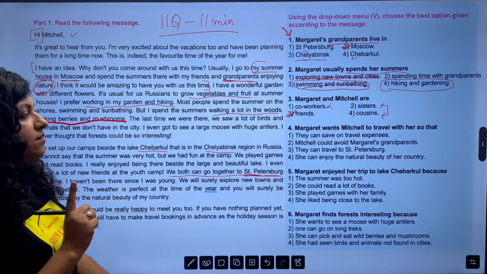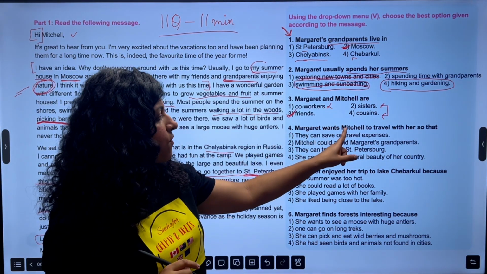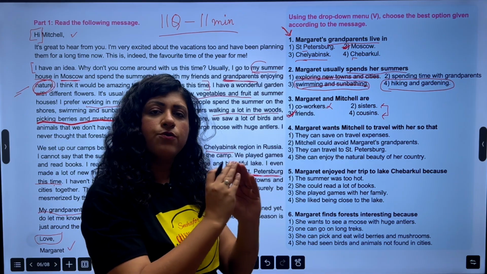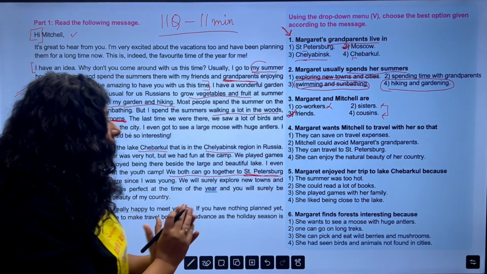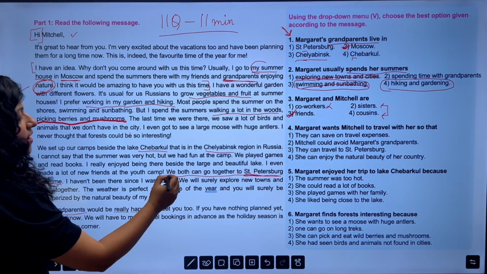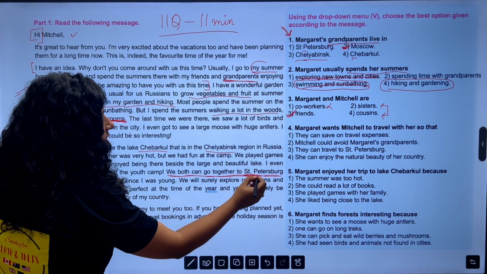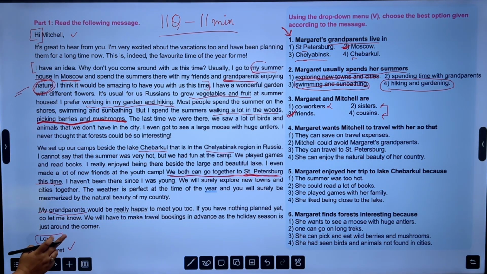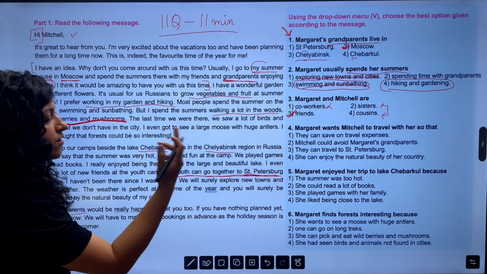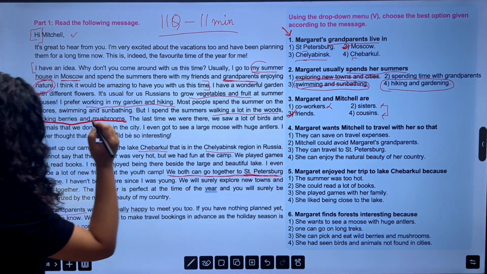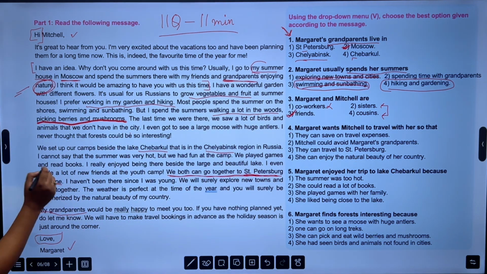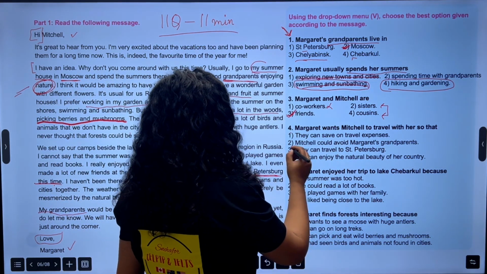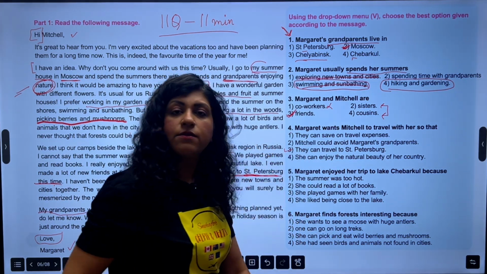So, when I say that Margaret wants Michelle to travel with her, that means they both want to travel to some place. And this is the exact line in the entire text that says that if Michelle joins Margaret, they both will travel to St. Petersburg this time. So, the answer is going to be so that they can travel to St. Petersburg.